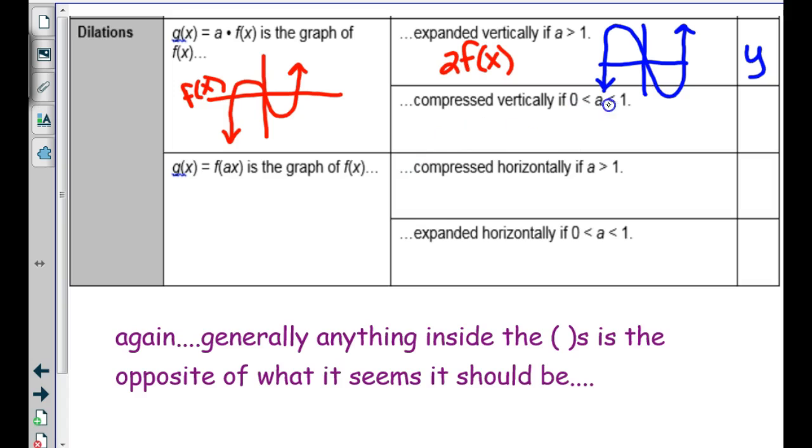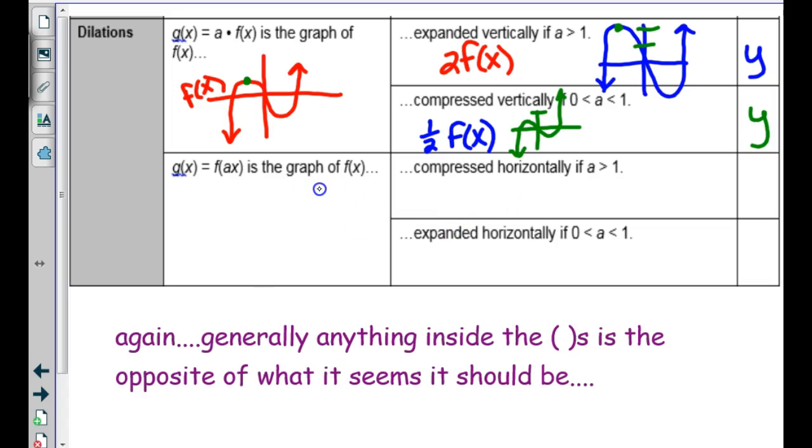If I put a value between 0 and 1, like 1/2 f of x, then what it does is it takes my original graph, and the zeros stay the same, but it only goes above and below half as much. So if this had been -1, 1, on this graph it would have been -1, 2, and on this graph it would have been -1, 1/2. Does that help anybody see that? Do you want me to write the ordered pairs on there?